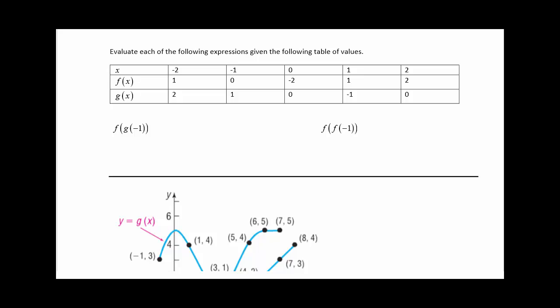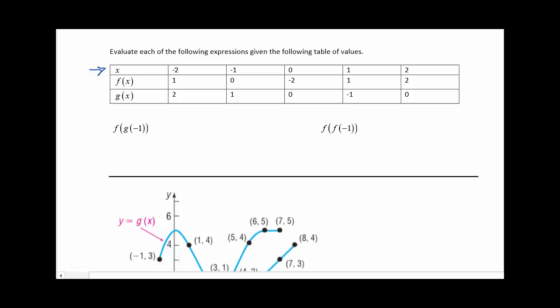All right, finding functional values is great when we're dealing with an equation, but what if they've organized the information in a slightly different way? So let's say, for example, we're given a table of values of some type, and we're still asked to find functional values given this table. Okay, well, let's first make sure we understand what the table is saying to us. So this particular row right here, these are x values.